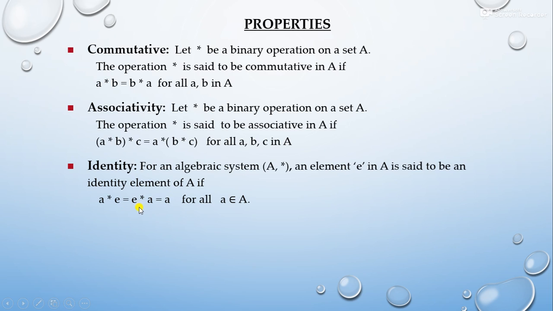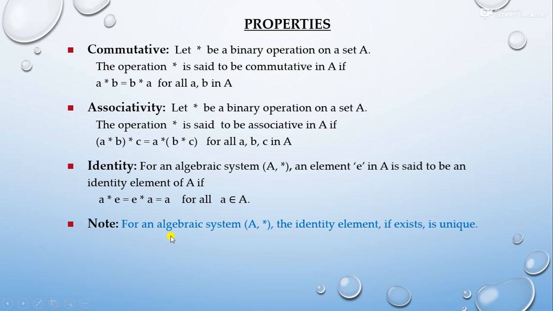If this property holds, we can say that the set has the identity e. You have to remember one thing: if an identity exists in any set, it is always unique. It is not the case that you have two identities in a set. Identity is always unique.